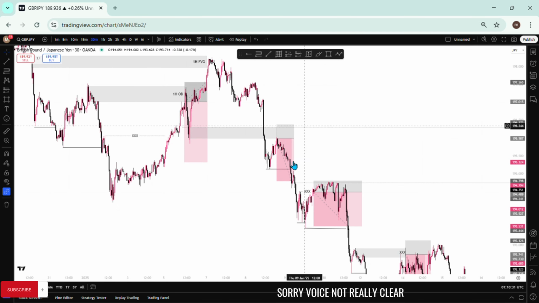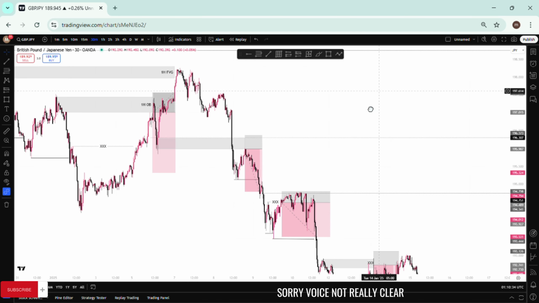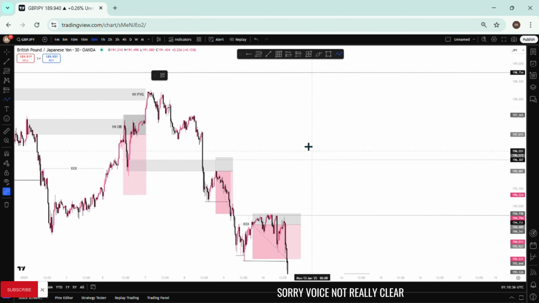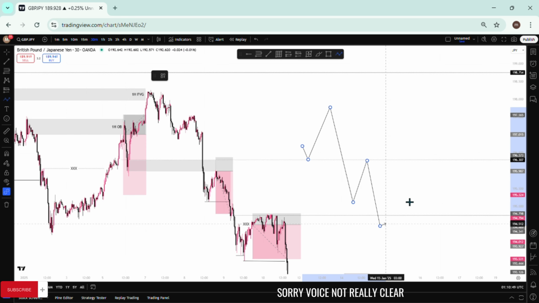With the next one here, the reason why I took it is I used the break and retest strategy, this break and retest. So it's a downtrend, right? Price just went to tap in here, then returned again. So we are looking at this place.